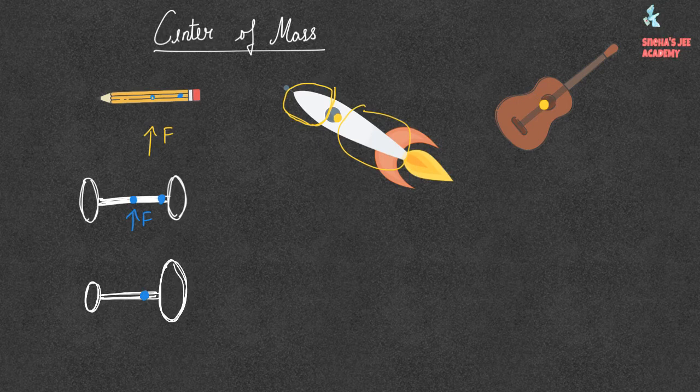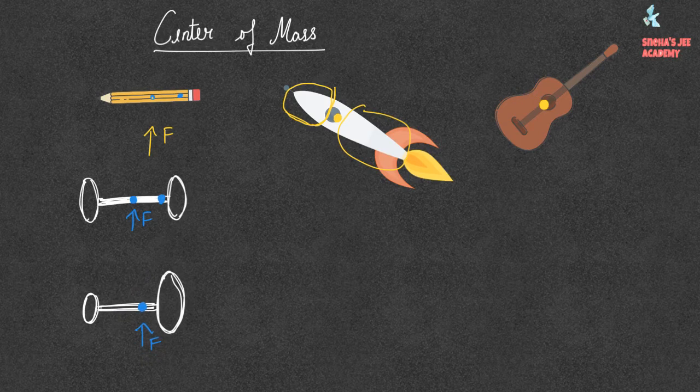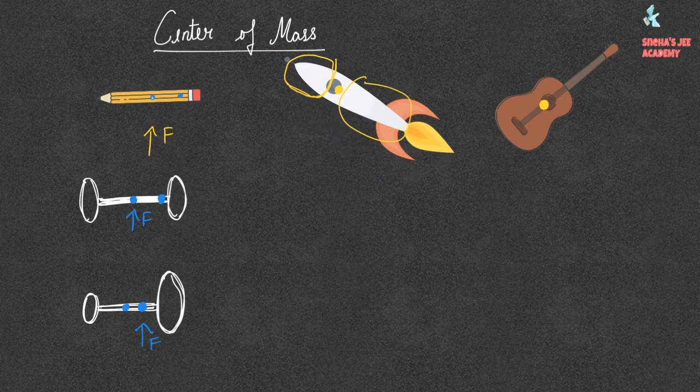So if force is applied at this point, then the body will move in a linear way. But if a force is applied in between, that is at the center of the rod, then the body will have an angular acceleration.